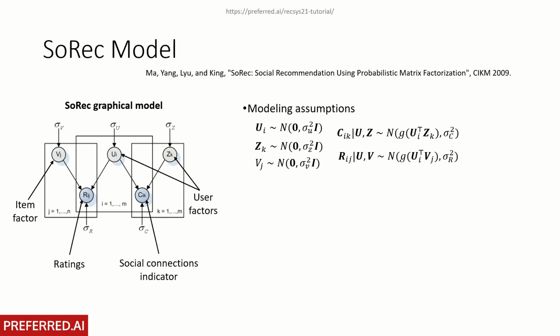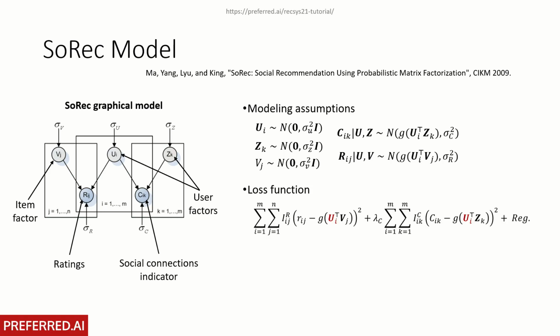Now, here are the assumptions behind the different variables. Every circle here is a random variable of the model, and this describes the architecture of the model and how the variables interact with one another. For example, we see here that V_j and U_i try to explain the rating of user i for item j, and U_i and Z_k try to explain the interaction between user i and k.